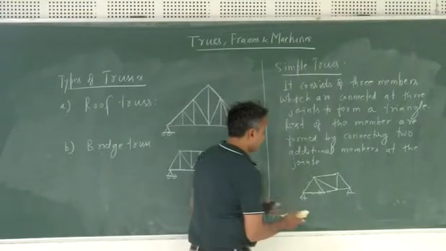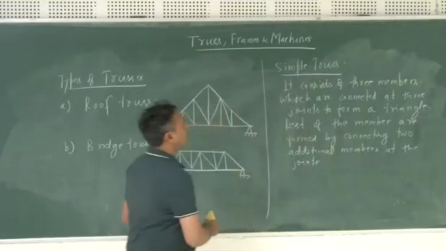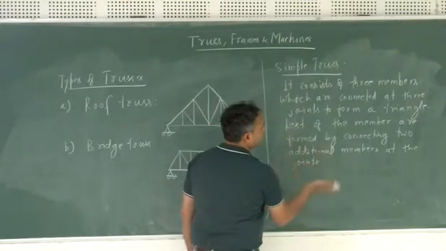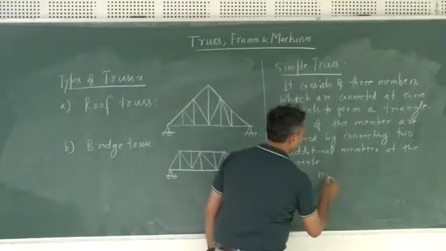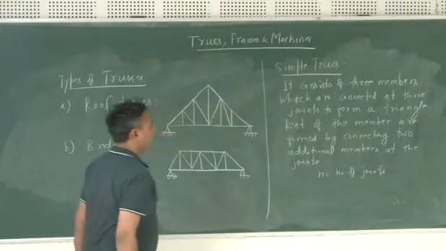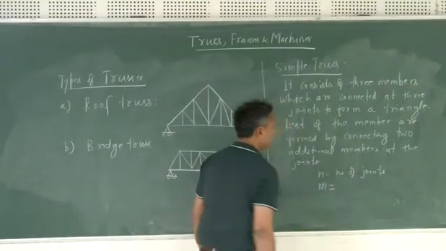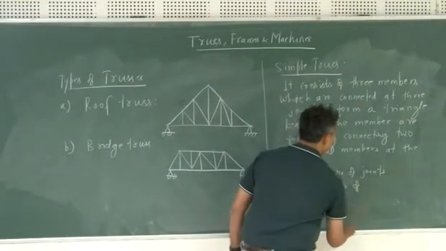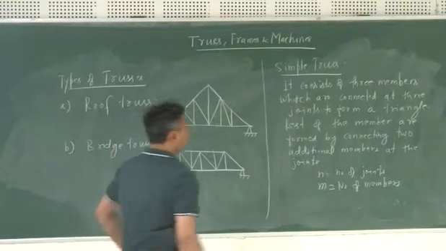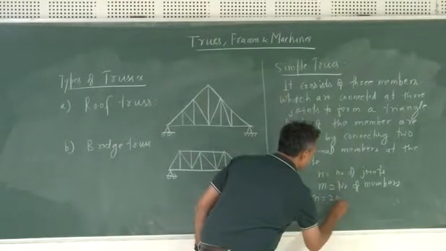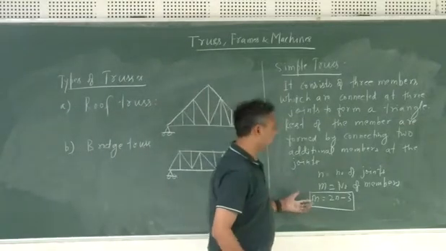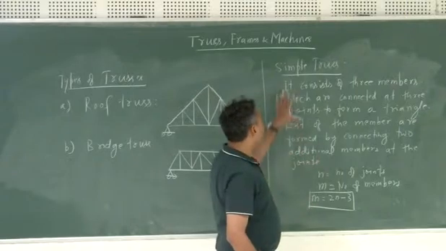Why is the simple truss very important? In another way, you can also say that if n is the number of joints, and if m is the number of members, and this m is given by 2n minus 3, if m is given by this simple expression, then you can call the truss a simple truss.